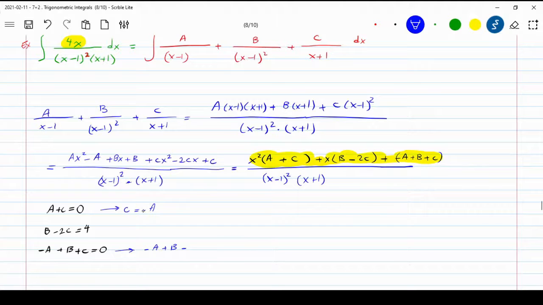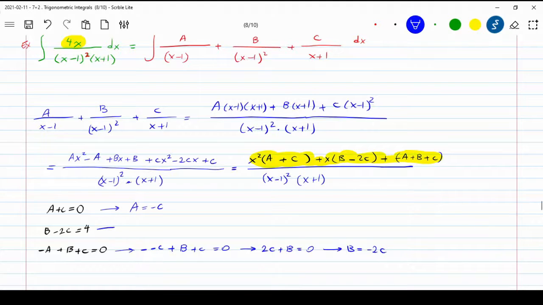Maybe it would be better if you replace a, it would be faster. a is negative c. So instead of a, I replace negative c. It becomes negative c plus b plus c equals 0. That is 2c plus b. So this is 2c plus b equal to 0, which tells me that b must equal negative 2c.